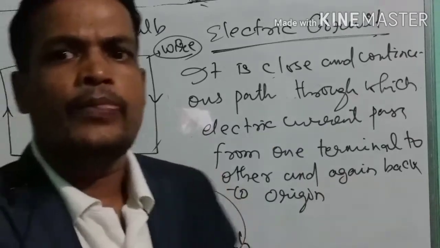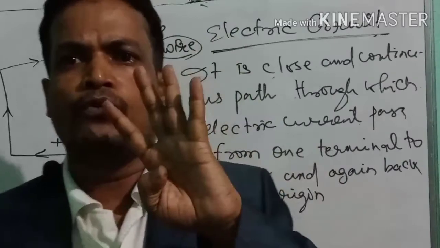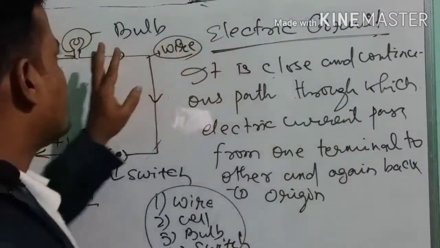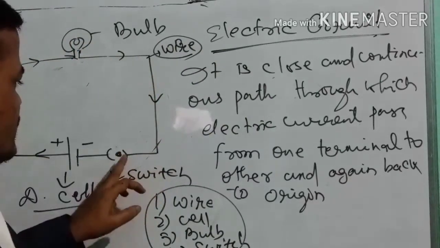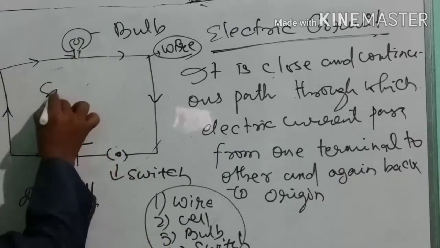If the question comes, what are the materials needed for making a simple circuit? Your answer will be minimum four materials or appliances are needed: number one, your electric bulb, number two, wire, number three, switch, and the dry cell. So this is called a simple circuit.